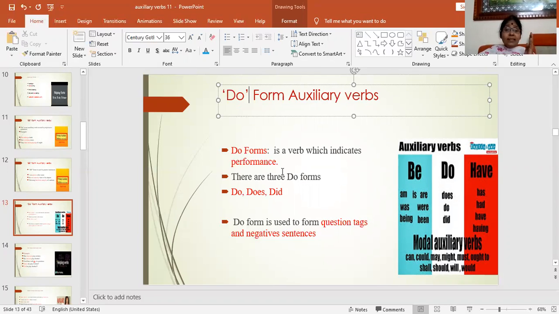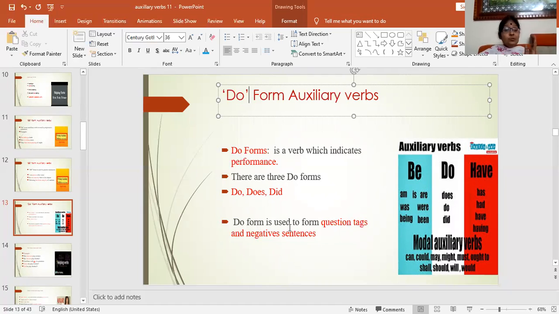Now, there are 3 do forms again. Be forms are how many? 8, and do forms are 3. They are do, does, did. What are they? Do, does, did.